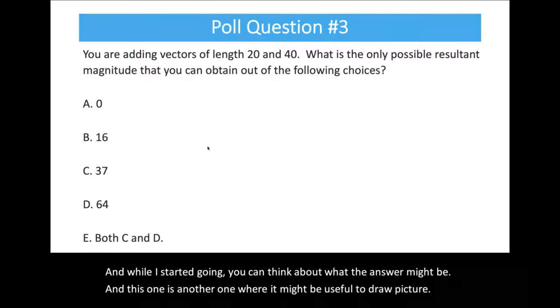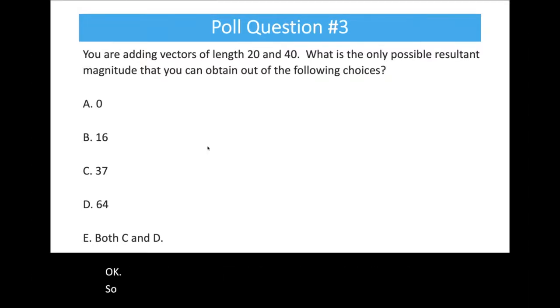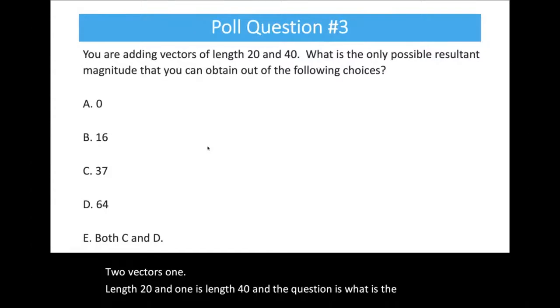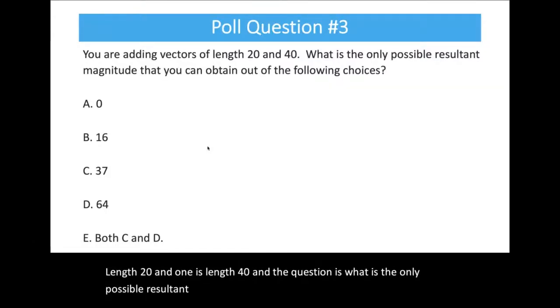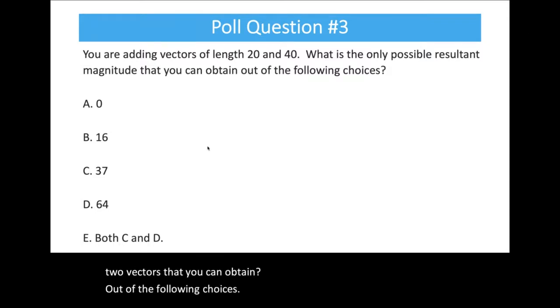So you're adding 2 vectors. One is length 20 and one is length 40. The question is, what is the only possible resultant magnitude, which is the magnitude of the sum of the 2 vectors, that you can obtain out of the following choices? You've got 5 choices there.